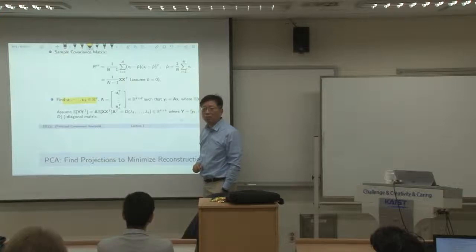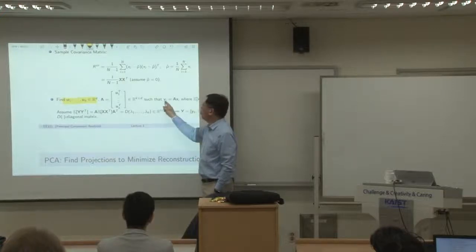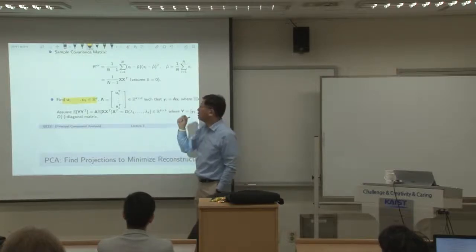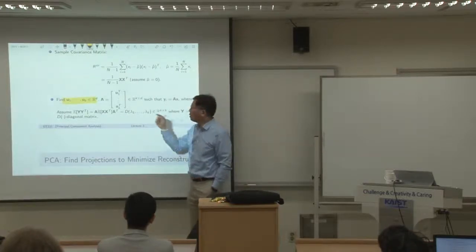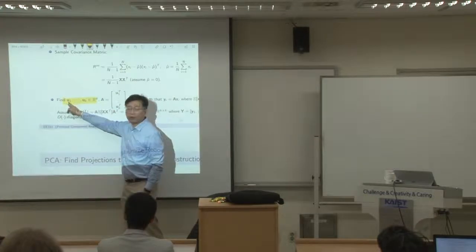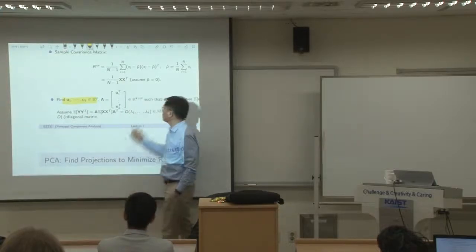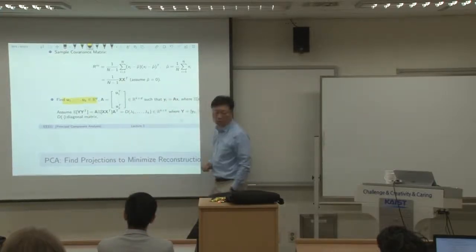So yi is a vector of k dimension, where each element is the value along the corresponding ui axis.